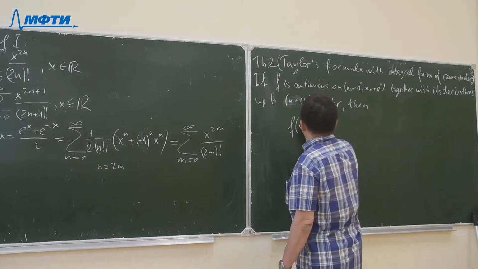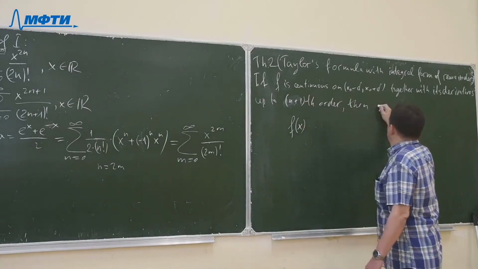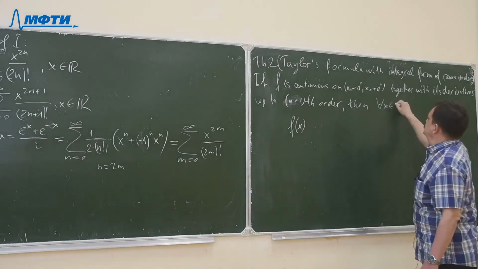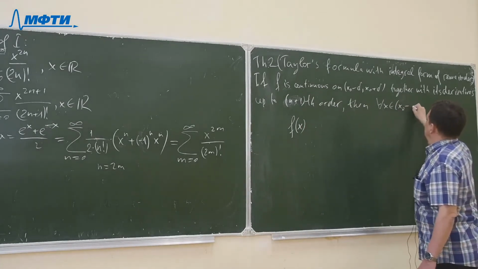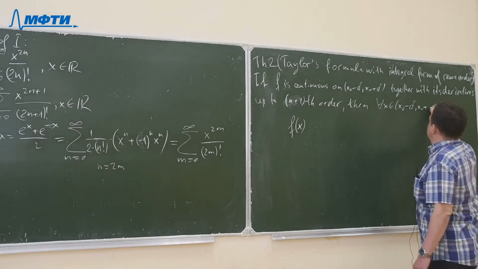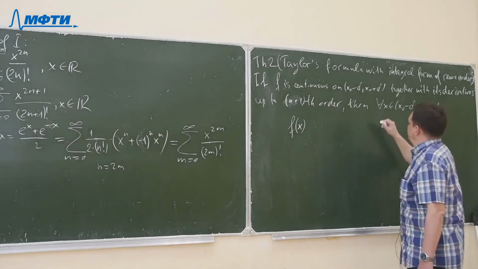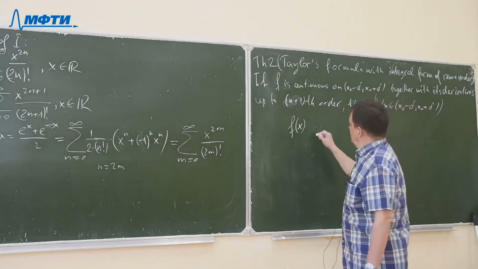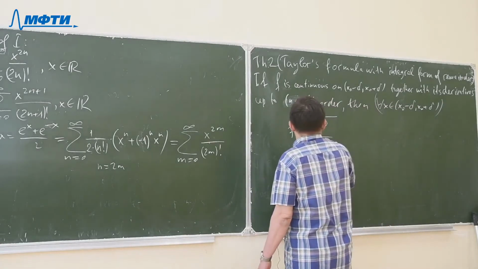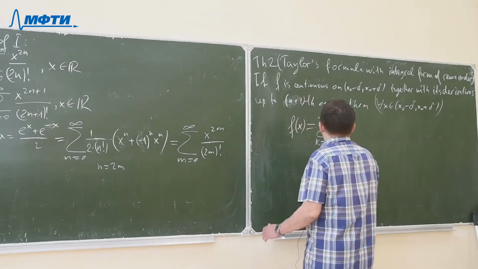F of x, for all x in x naught minus delta, x naught plus delta, we can write the following representation. Okay, from 0 up to n.